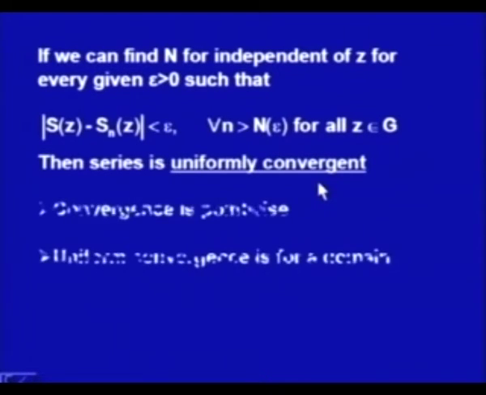So, accordingly, convergence is pointwise, that means we say the series is convergent at z equal to a, and uniform convergence is for a domain. So, we can find the capital N irrespective of z in that domain. So, uniform convergence is for a domain.